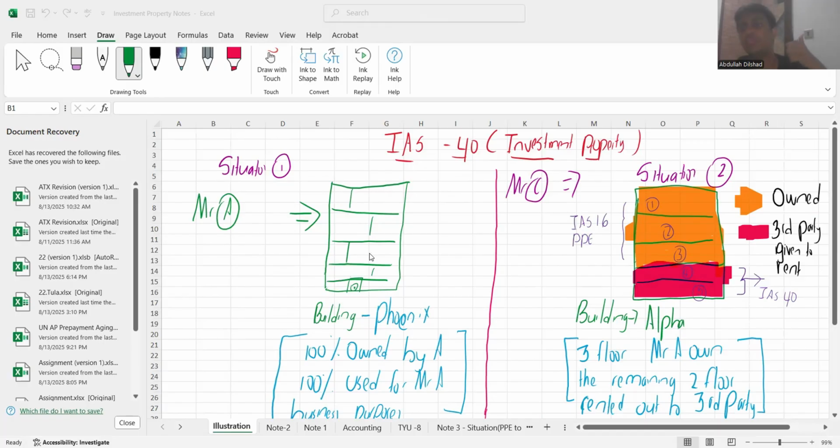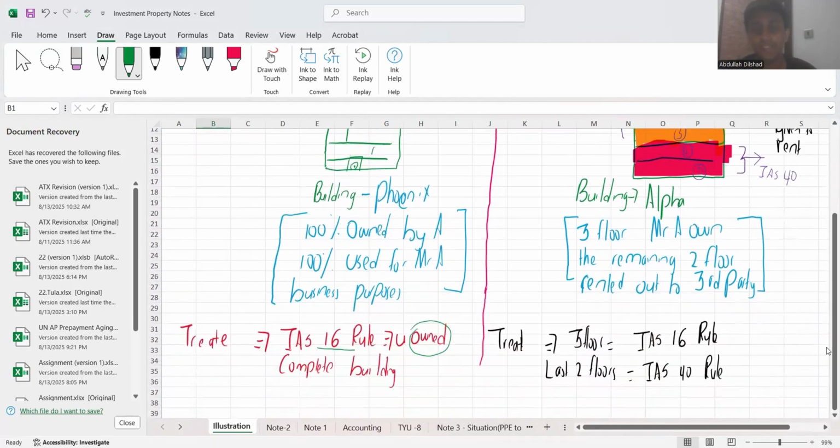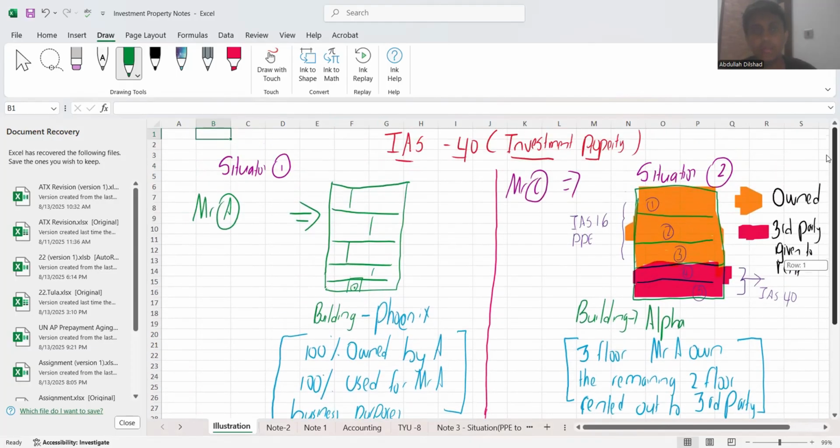It could be used to produce goods and services, or for administrative purposes. If an asset is used for business purposes, then we need to follow the rule of IAS 16. This is what we know.